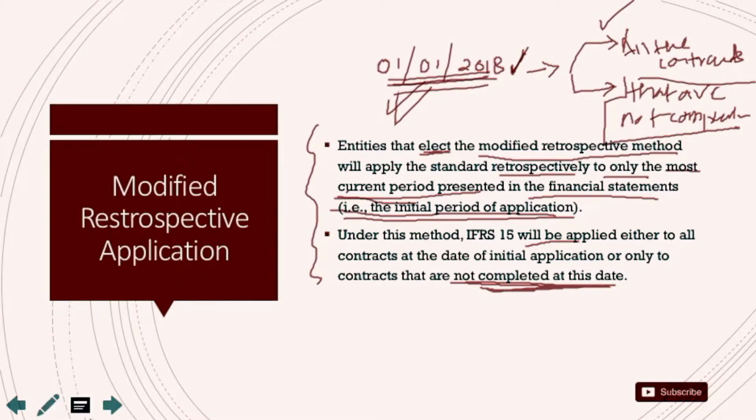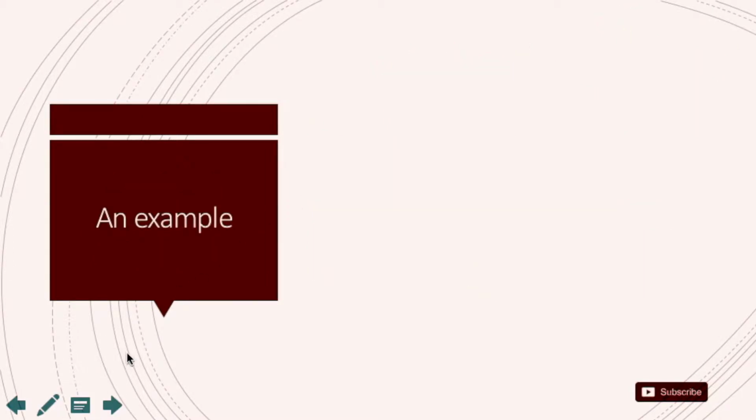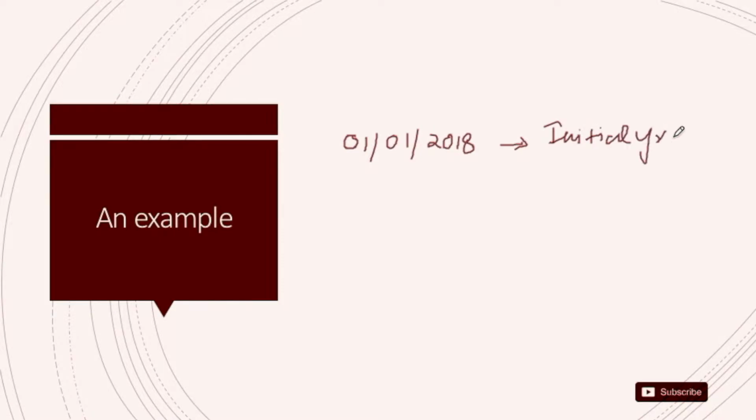I've already discussed an example, and I'm going to elaborate a bit more on this. Suppose 1/1/2018 is your initial year of application. This is the timeline, 1st January 2018.